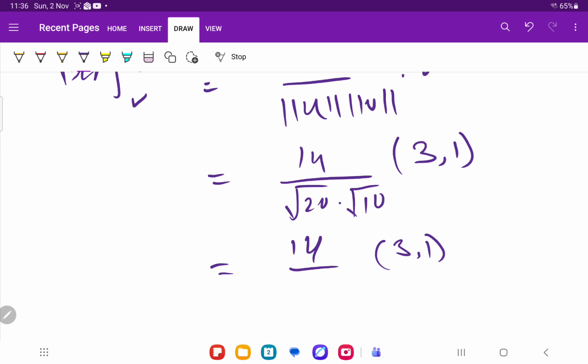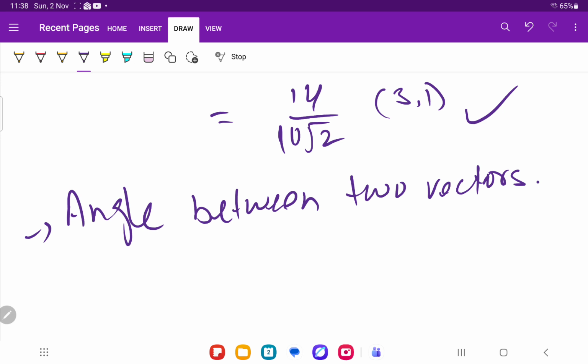Square root of 20 is 10 on the root of 2. So that is the projection. I got a real answer: root of 10 plus 2 root of 5. I think this is fine. Okay, that is the projection.